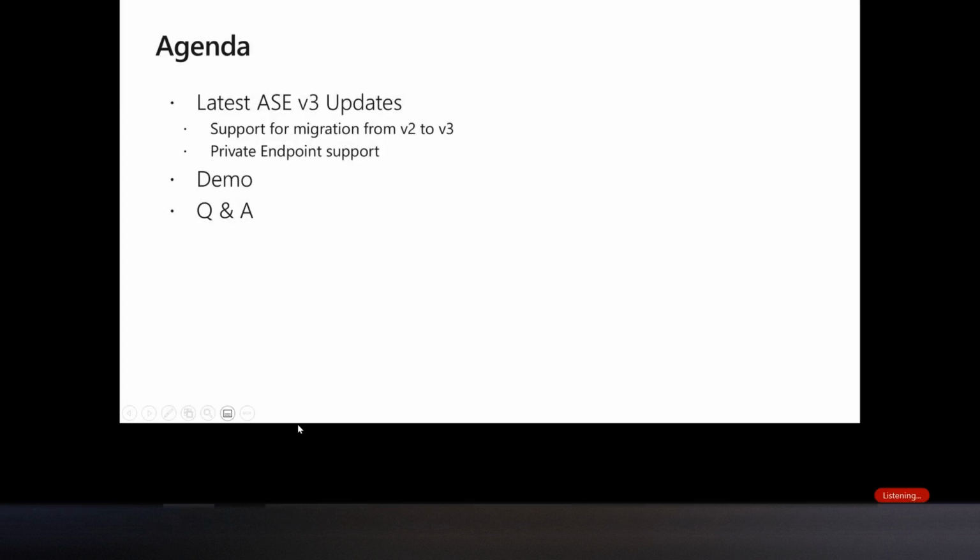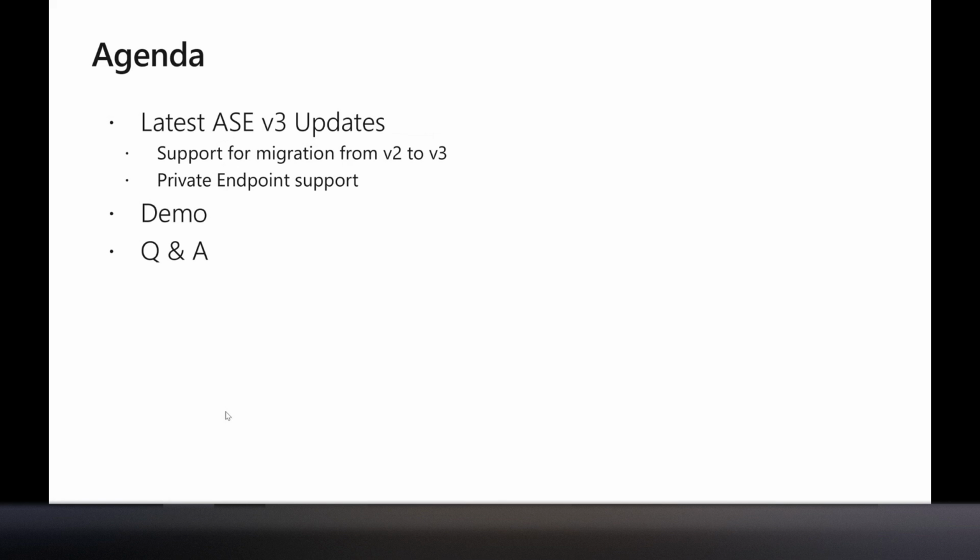So, as I said before, we talked about App Service Environment v3 and some of the key enhancements that have happened. One of them is the ability to migrate from v2 to v3. This is currently in public preview. Just want to clarify, normally I mention whether it's a preview or not.